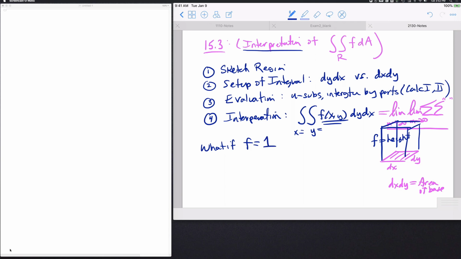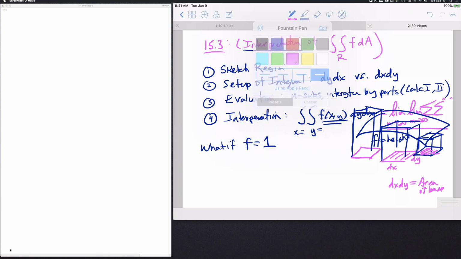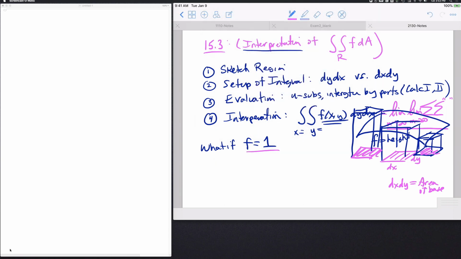Instead of integrating a surface that actually has some height, where the rectangles are maybe lower over one part, and then maybe over here at the back the rectangles are much taller, what if we make it so that the function always has the same height, 1? How could one interpret the double integral of 1 dA over a region R?